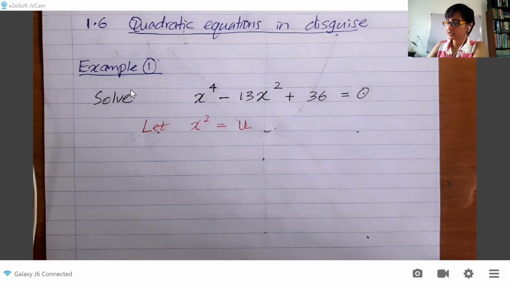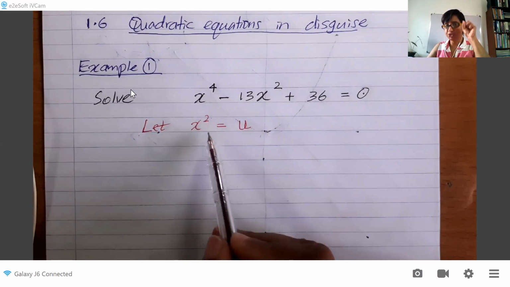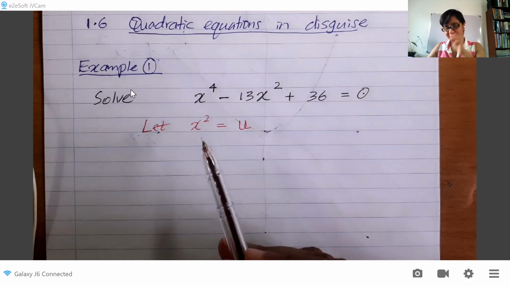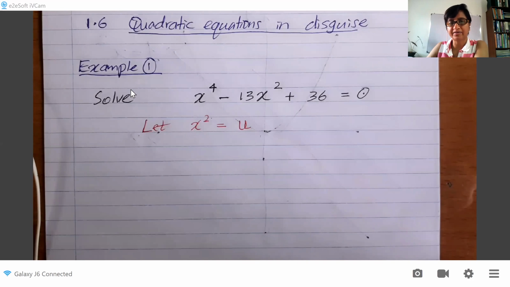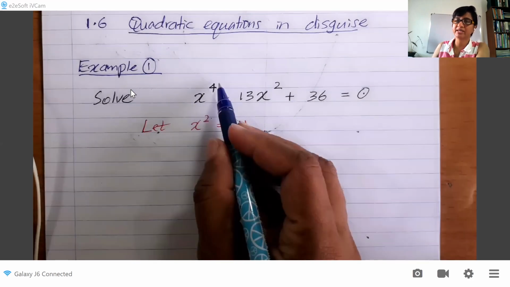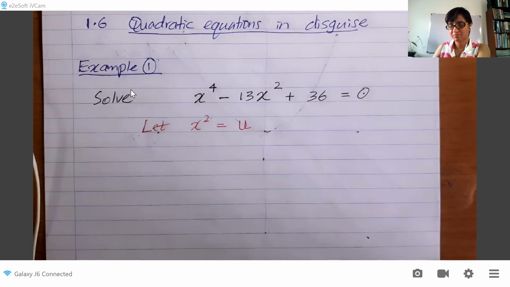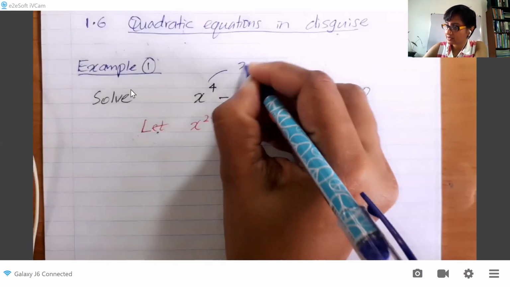So if I'm going to call x squared as u, what would my equation turn into now? Then x to the power of 4 I can write as x squared squared, isn't it? Square of x squared. Let me show you. This is x squared.